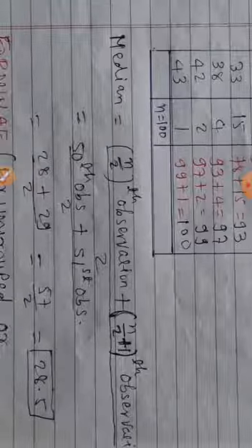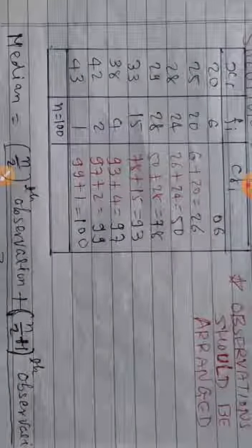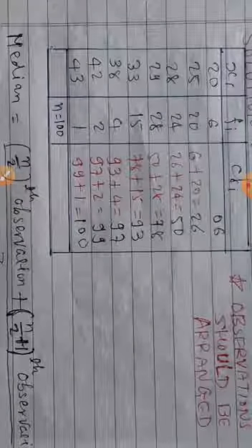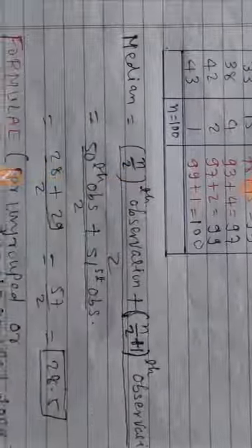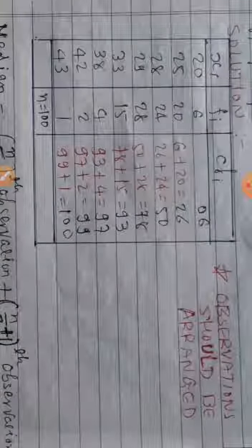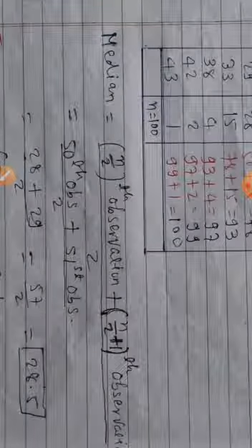For the 50th observation, look for 50 in the CFI column. 50 is visible, so that row having xi value 28, so the 50th observation's value is 28. Now the 51st is not seen in the CFI column, but it is between 50 and 78. So out of this, the next row's value 29 is the 51st observation's value.